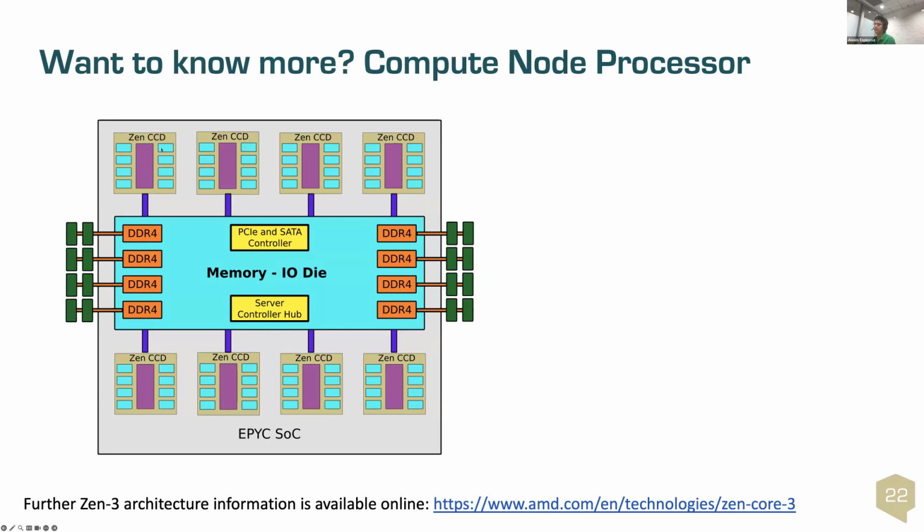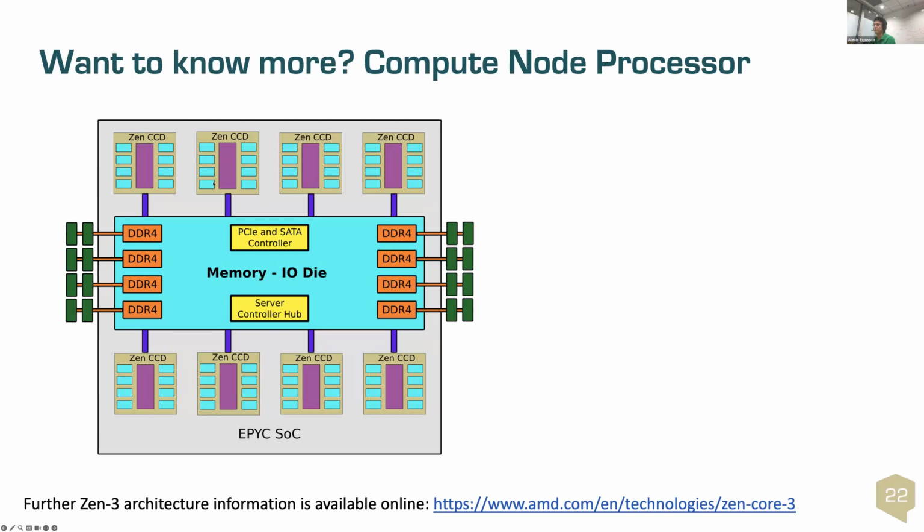So the idea is that these 8 cores will share this cache. So they share this L3 cache memory. So these chiplets can work together if they need to share data directly with each other. So it is important to know that the AMD chips are divided in chiplets.